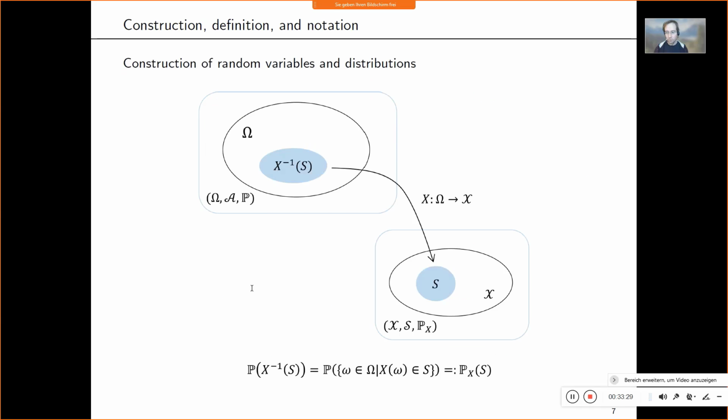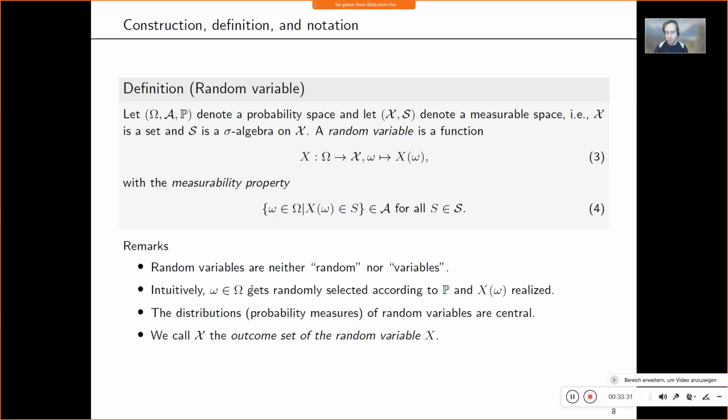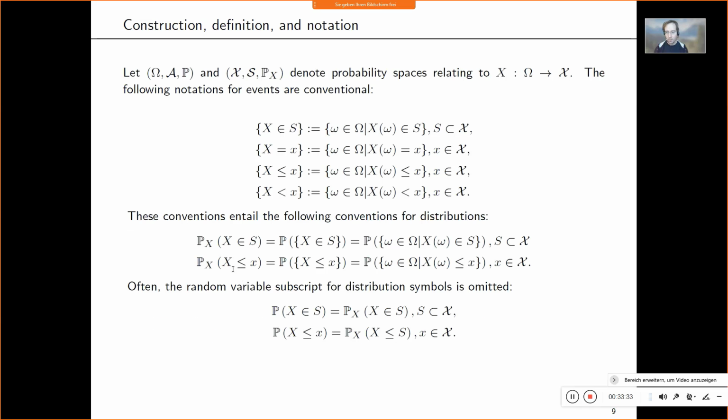Let's go back to the distribution. Distributions are defined as the probability measures of random variables, which are mathematically grounded in an underlying probability space, but we can also talk about and define this distribution, the probability measure, not by means of its underlying probability space, but by other means, namely by probability mass and density functions.